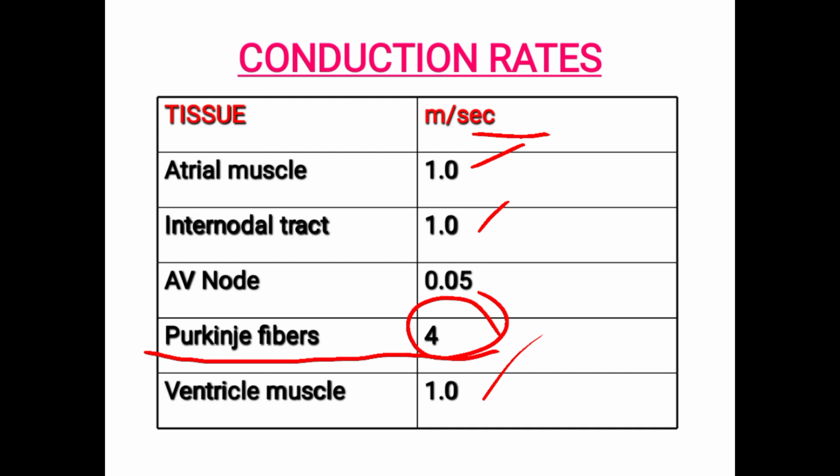Then explain: where the SA node is present, what type of impulse it produces, 60 to 90 per minute, and how it conducts to the AV node, then the bundle. After each one you have to write the conduction rate. It is a major, 10 marks question. In the Purkinje fibers it is 4 meters per second, in the atrial muscle, internodal tract and ventricular muscle it is 1 meter per second, and in the AV node it is 0.05 meter per second. Clear?